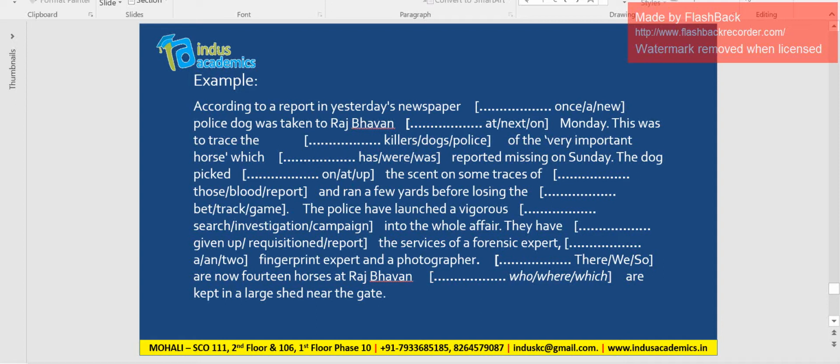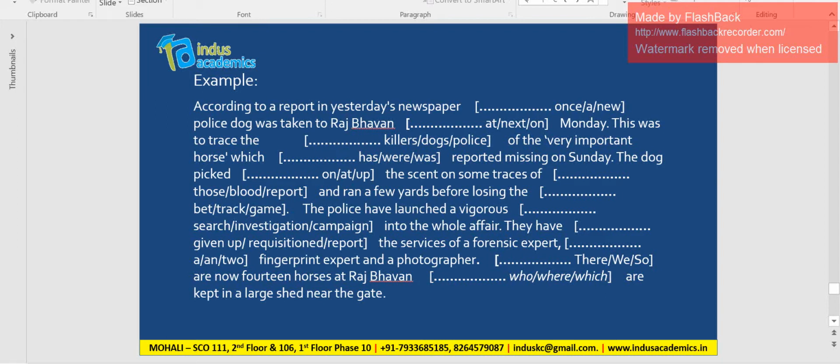The police have launched a vigorous blank into the whole affair. They have blank the services of a forensic expert, blank, fingerprint expert, and a photographer. Blank are now 14 horses at Raj Bhavan. Blank are kept in a large shed near the gate.